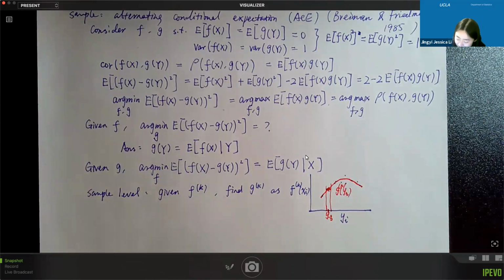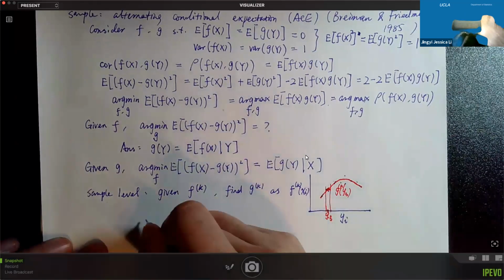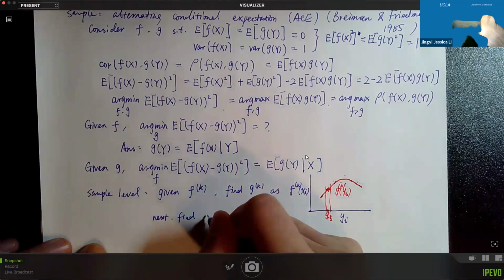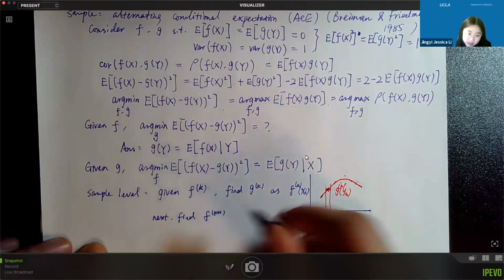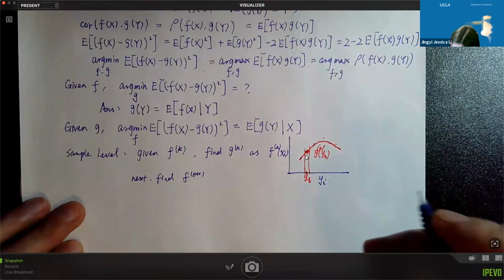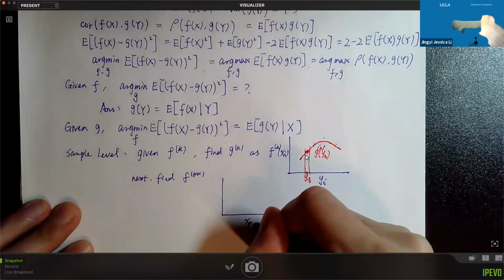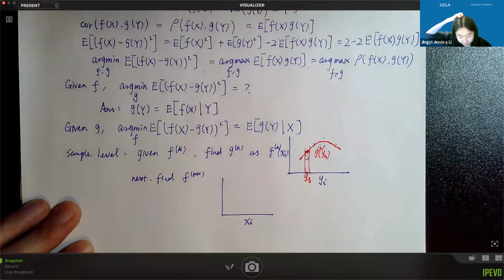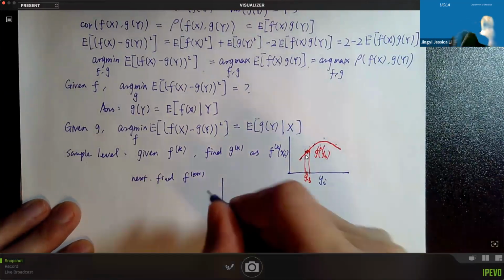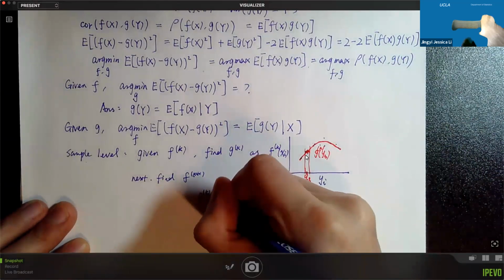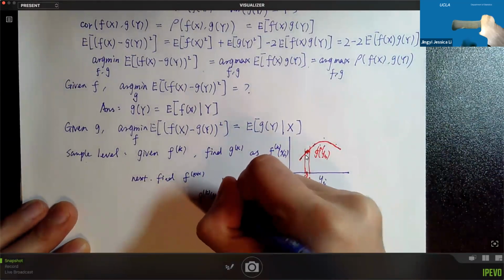And then, next, you are going to find f_{k+1} in the next iteration. Over there, you plot the x_i's on the x-axis, and now you plot g_k(y_i) on the y-axis.